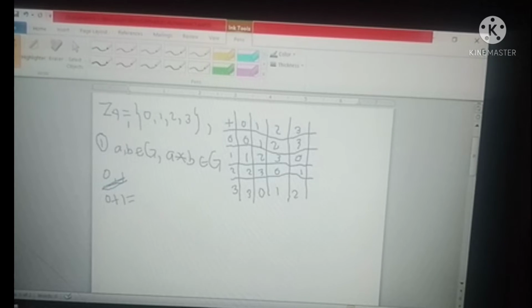We should not just guess; we always base it on the outcome in our Cayley table. 0 plus 1 is equal to 1. We may know it even without looking at the Cayley table, but not for all elements and not for every situation.